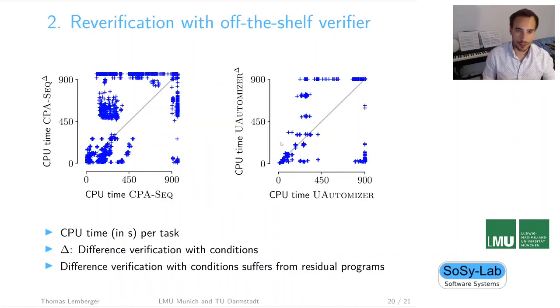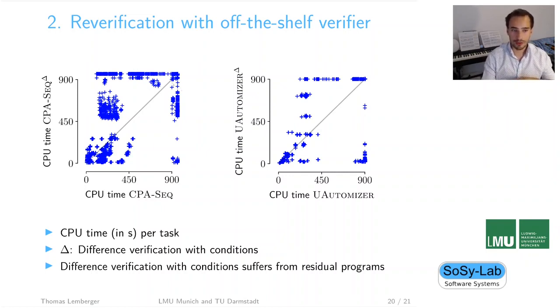Unfortunately, this looks different when we use off-the-shelf verifiers that we turn into conditional verifiers. Here we see the results for CPA-Seq with full verification on the x-axis and Ultimate Automizer in the second graph. And again, difference verification on the y-axis. Here we can see that below the diagonal, there are still a lot of tasks where we perform better, so our approach actually has some benefit.